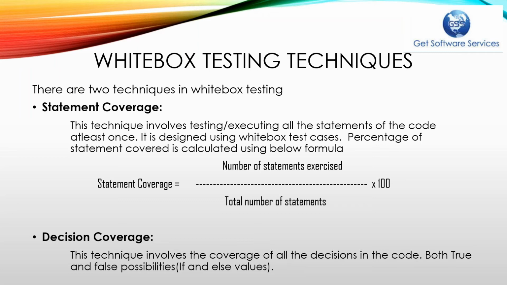That can be calculated using this formula: number of statements that will be covered divided by the total number of statements that are there in the code, times 100. So basically, in statement coverage, we first write the tests that can cover different lines of code, and we check with these test cases how many lines can be covered. And if we achieve 100% coverage, that means the entire code is tested.